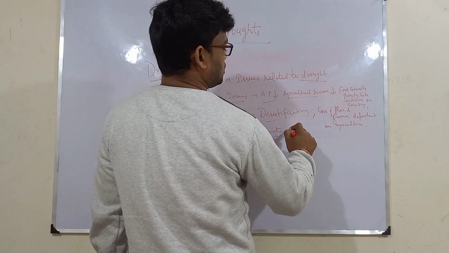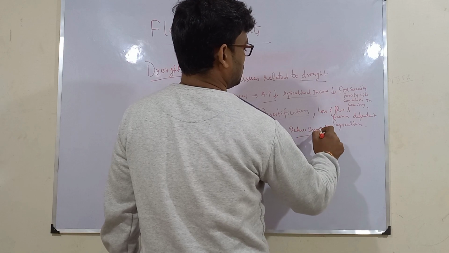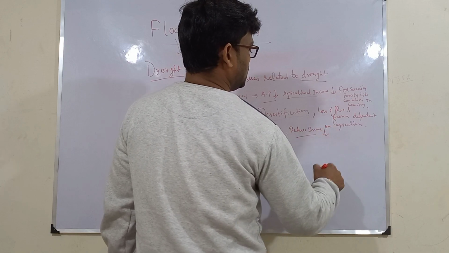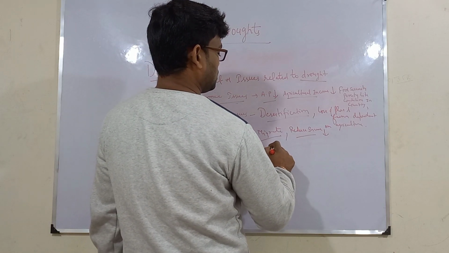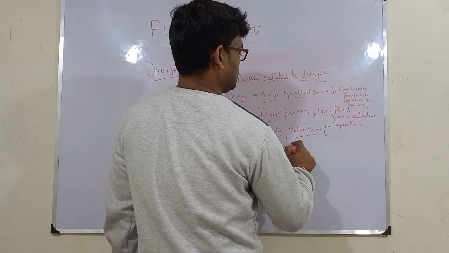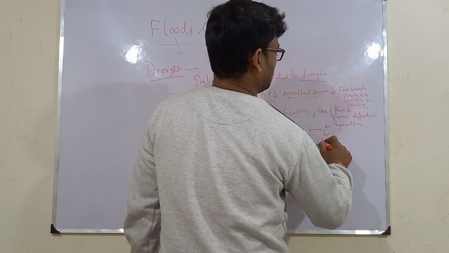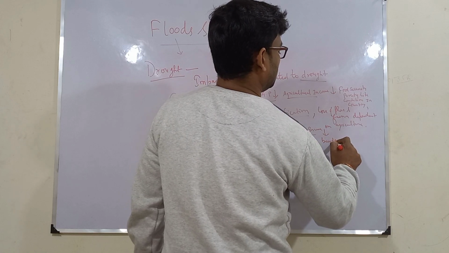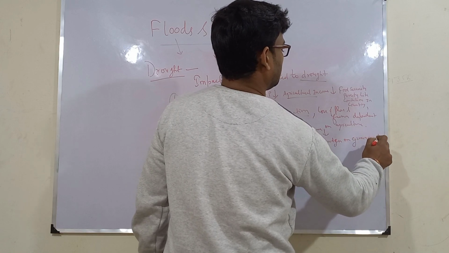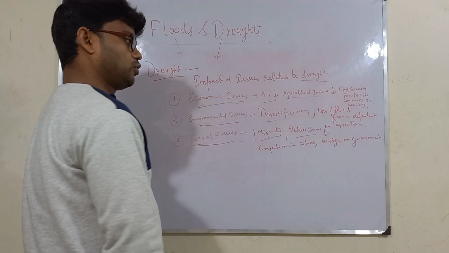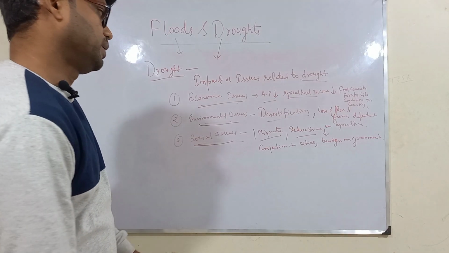Okay, then since it will reduce their income, this will again lead to several other problems like congestion in cities and burden on government. Now, since government will have to look after those people in drought-like conditions, it will put an additional burden on government.